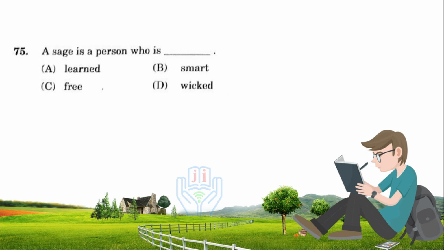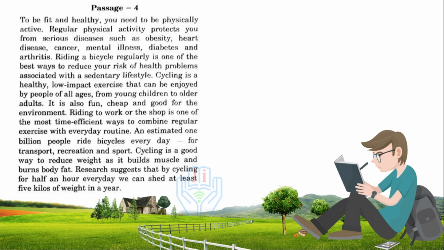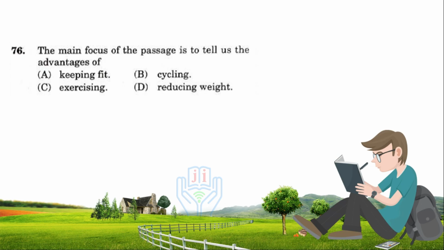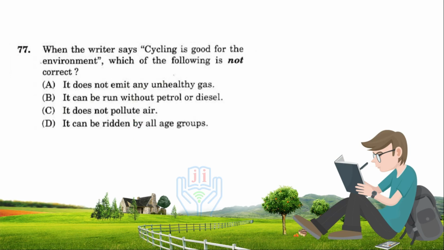A sage is a person who is learned. Pause the video and read this passage. The main focus of the passage is to tell us the advantages of keeping fit. When the writer says cycling is good for the environment, which of the following is not correct? Answer: it can be ridden by all age groups.